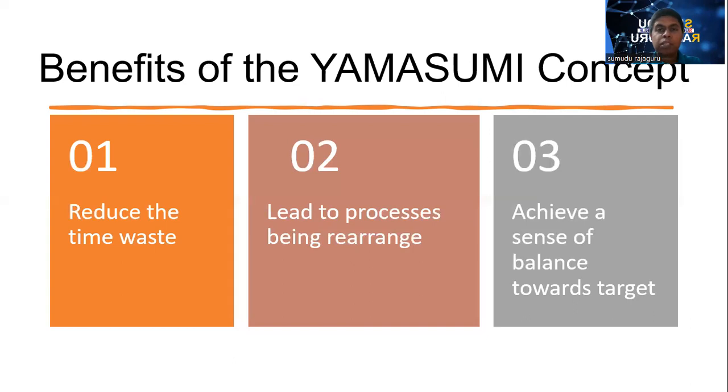So first we have to do a capacity study. Based on the capacity study, we have to draw the Yamazumi chart. Then each and every column of the Yamazumi chart shows the cycle time of each and every operation. Then we can calculate pitch time or takt time by using two equations.